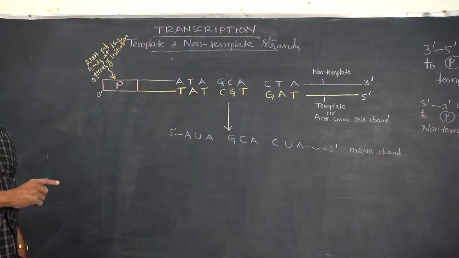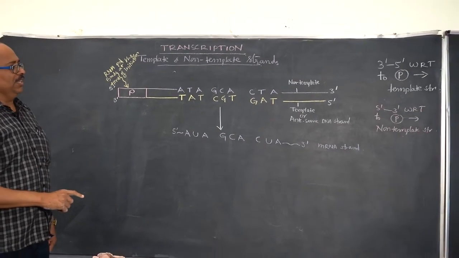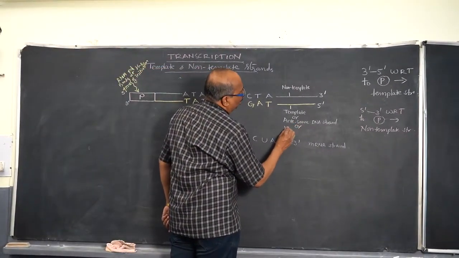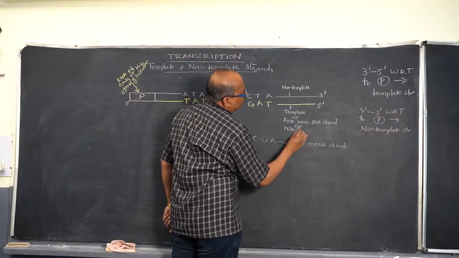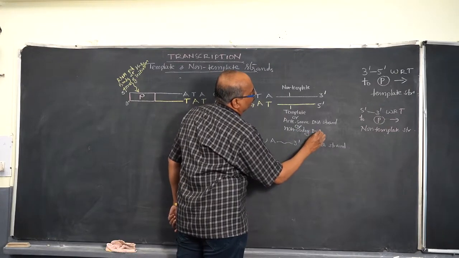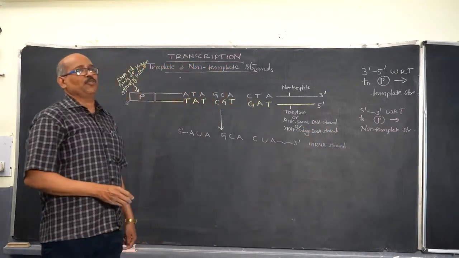It is not having identical nucleotides. That's why this strand is called non-coding DNA strand. So now we got three different names for one strand.